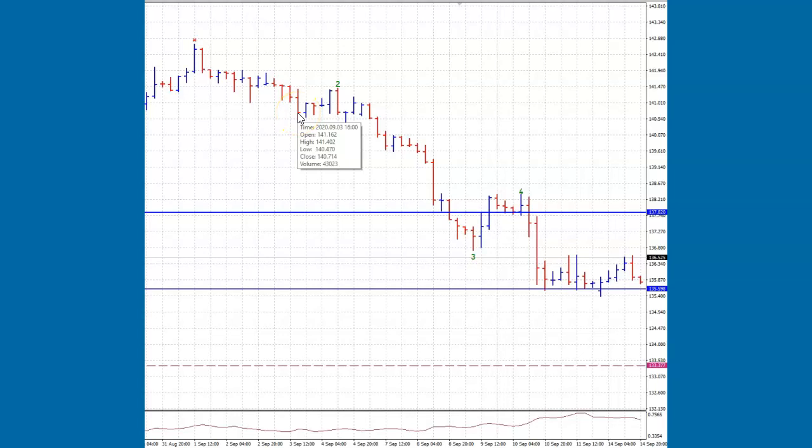When I multiply by 1.618, I got 360 pips. I'm taking the 360 pips off the top of this bar, 141.43, and 3.60 out gives me a price of 137.83. Okay, 137.82, same thing.